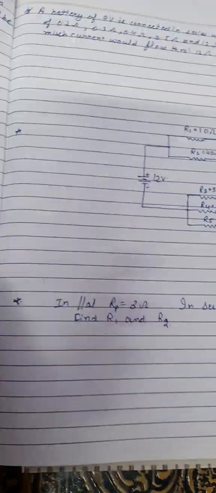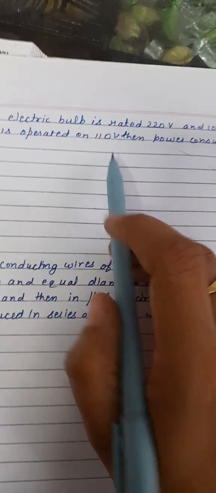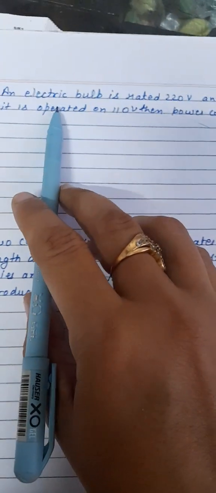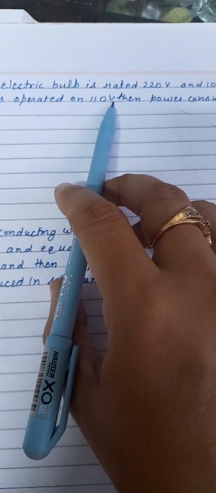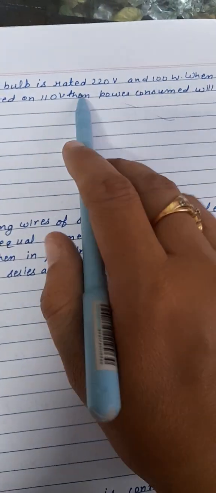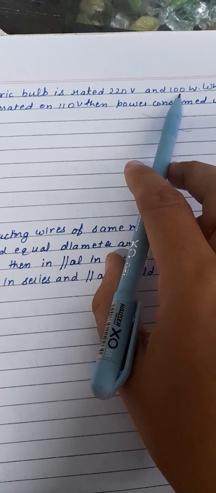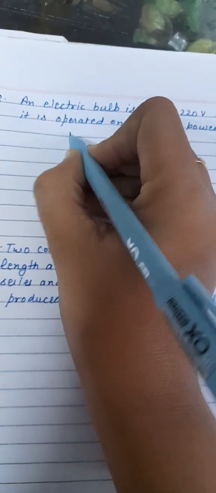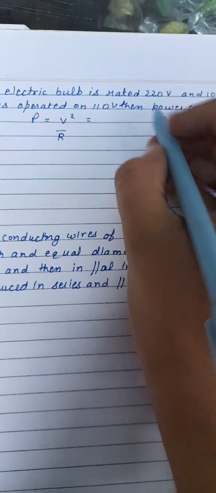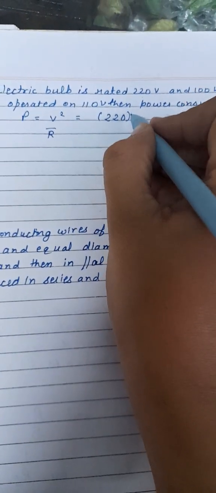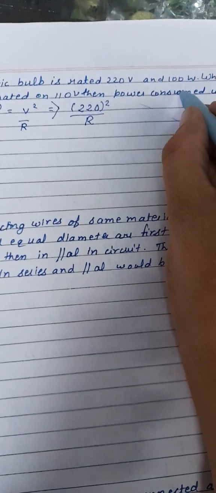Next is, an electric bulb is rated 220 volt and 100 watt. When it is operated on 110 volt, then the power consumed will be. First, you have been given voltage 220 and power, that is 100 watt. We know the formula, power equals V square over R. Here V is 220 volt, means 220 square over R. R we have to find out, and power is given, that is 100.